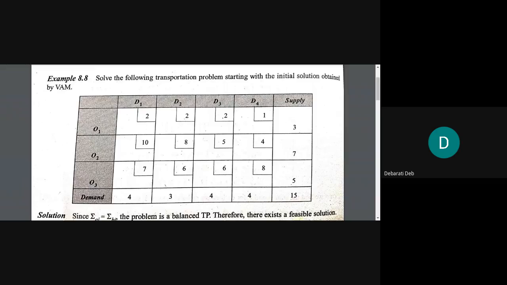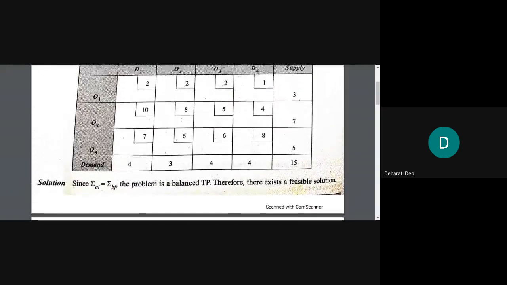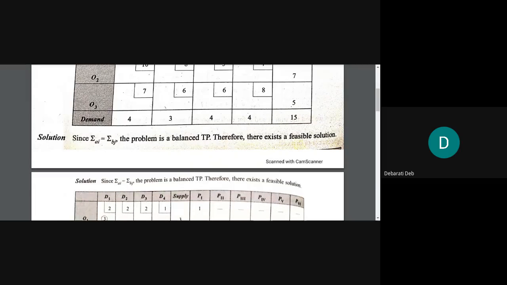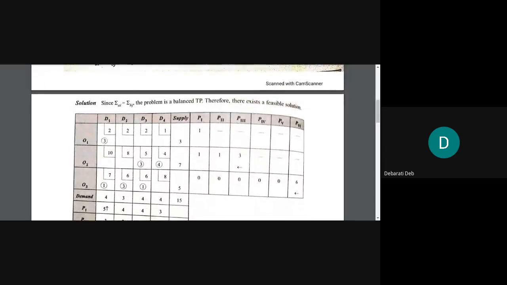If this is a problem having four destinations and three origins, with supply side and demand side given to you, then you follow the general technique. First step would be to see whether the summation of the a_i's and b_j's are same or not. That means the summation of the demand row and the supply column are same or not. If it is same, then only there exists a feasible solution. That's how you will proceed.